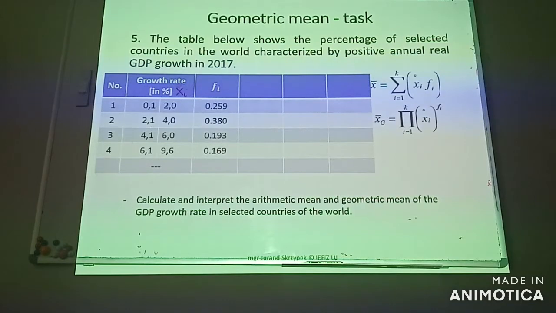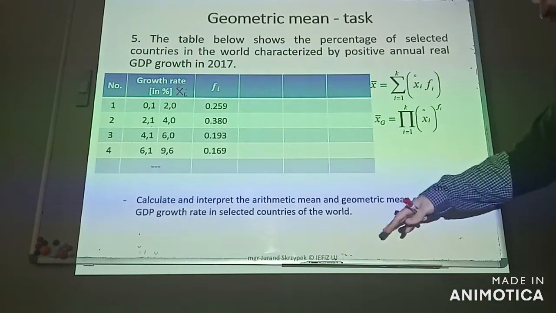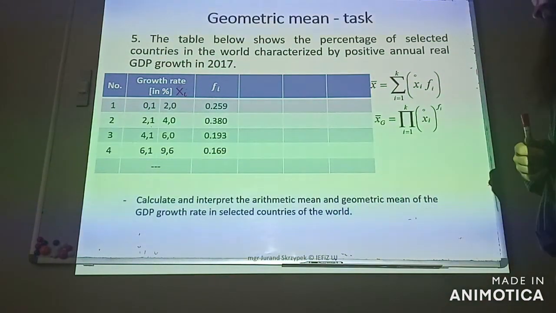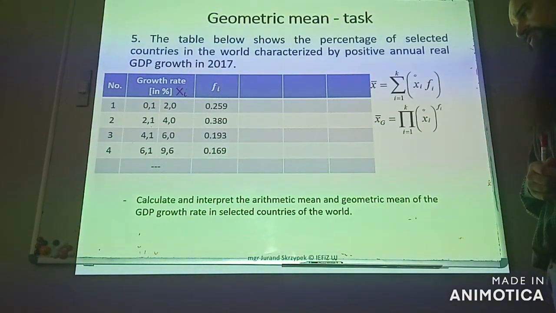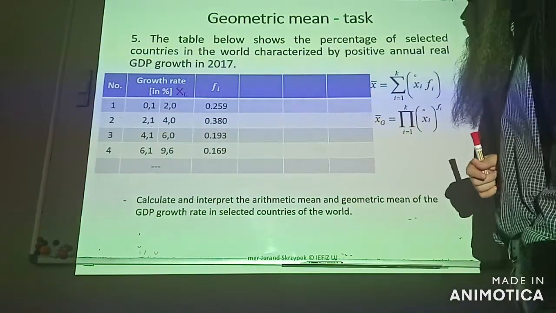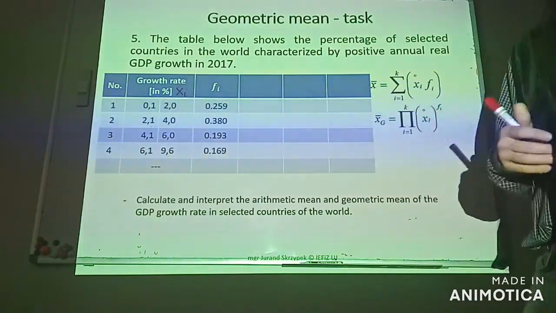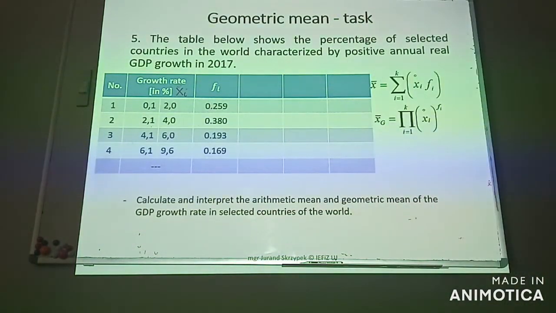And now we are going to calculate and interpret the arithmetic mean and geometric mean of the GDP growth rate in selected countries of the world, which are characterized by the positive growth tempo of GDP.